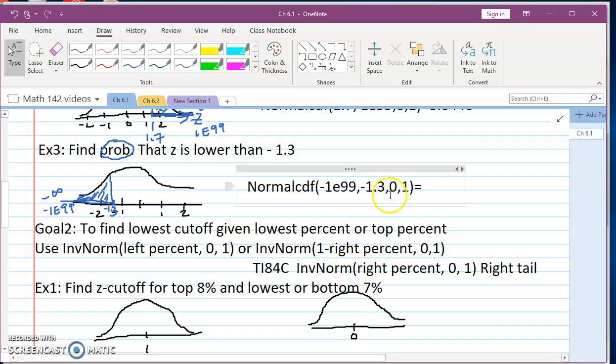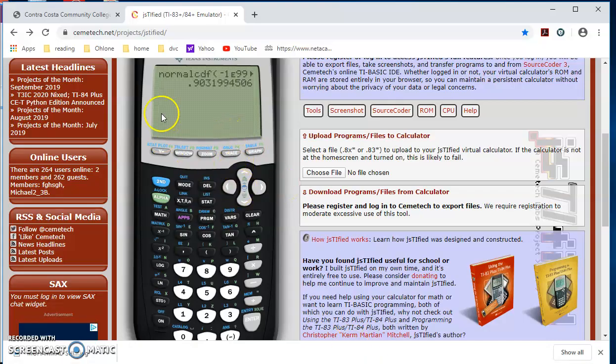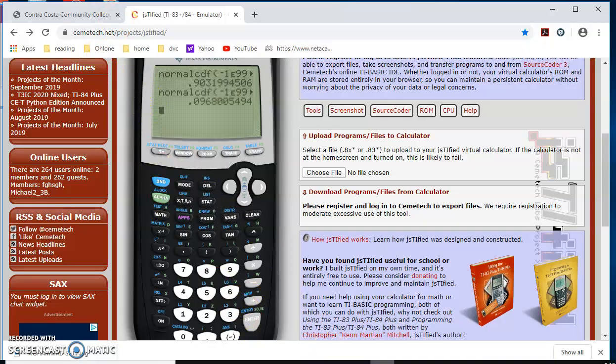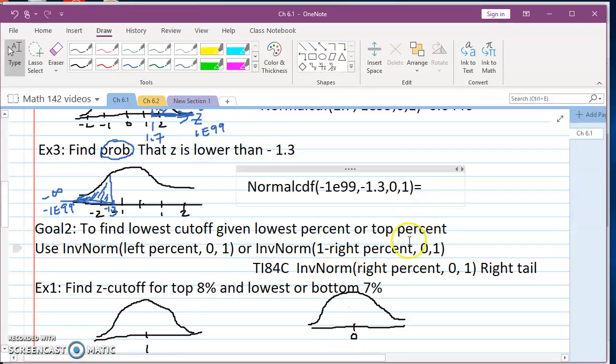Oh no, it's negative 1.3. We got the wrong number. It's negative 1.3, not 1.3. No wonder the number is so big. So it's 0.0968. So we put the answer 0.0968.